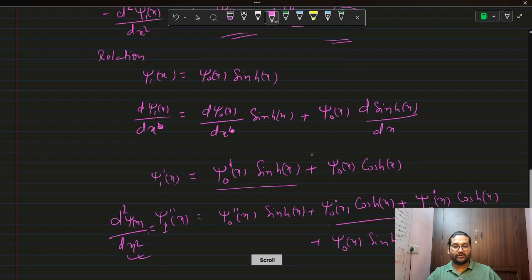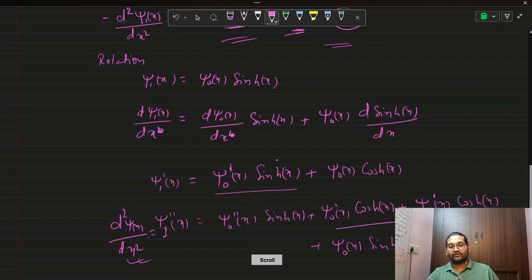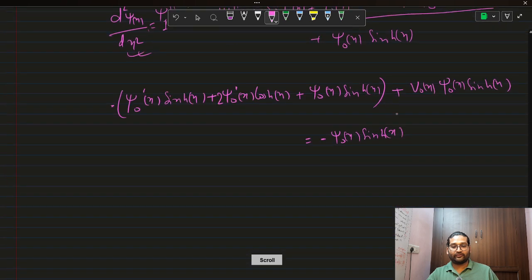Okay, because here we have V x psi 1 x, just put the value of psi 1 is equal to psi naught x sine hyperbolic x, and here minus psi 1. So now just open the bracket.